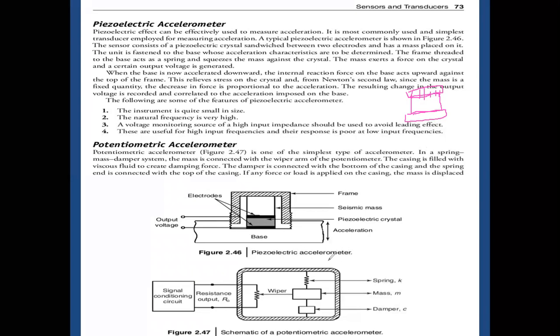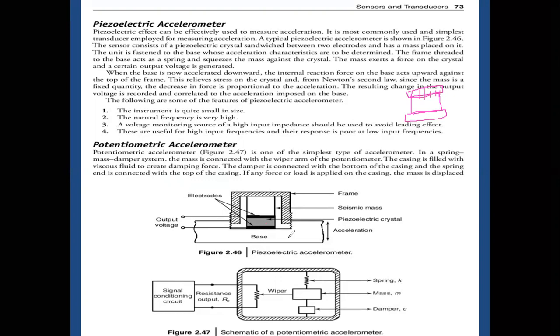Piezoelectric accelerometer. Here we have a piezoelectric crystal, and over the crystal we have two electrodes. Over the electrodes we mounted some mass, which is called the seismic mass. The entire elements are covered by a frame.